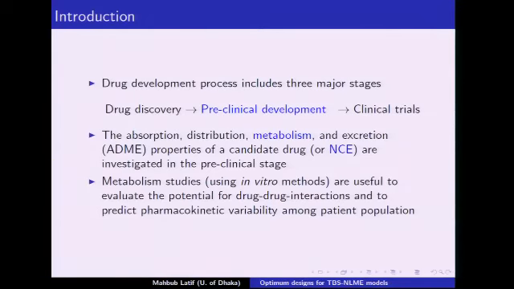These candidate drugs are also known as new chemical entities or NCE. In the second stage, the preclinical development stage, a number of in vitro experiments are conducted, and animal models are also used. Drugs are first applied to humans in the clinical trials.